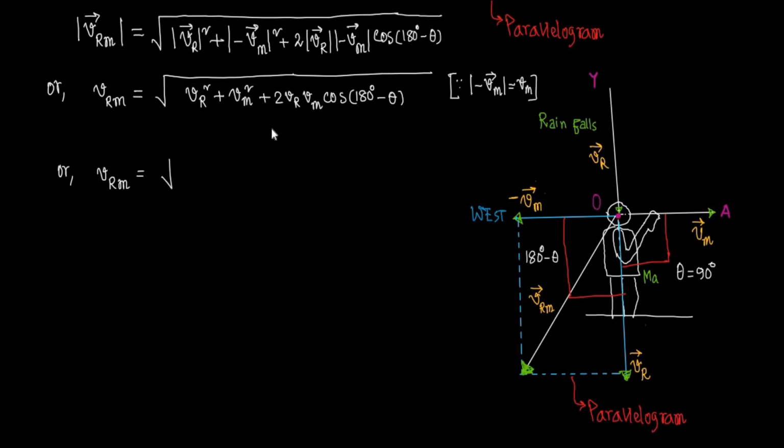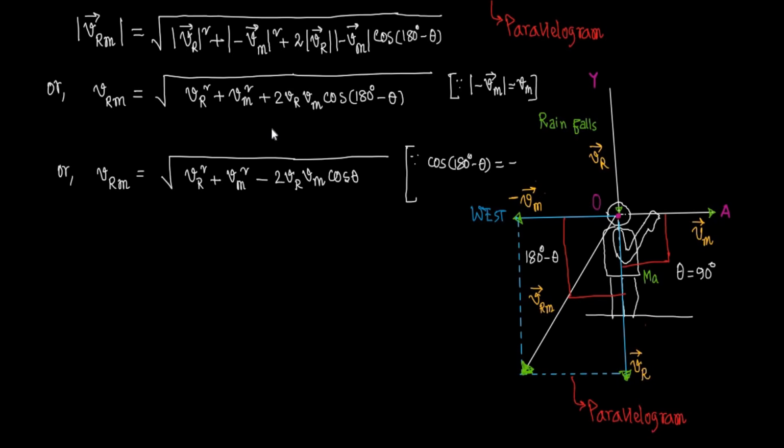Mod of minus vector Vm is equal to Vm, or VRM equals root over Vr square plus Vm square minus 2 Vm cos theta, where cos of 180 degree minus theta equals minus cos theta.